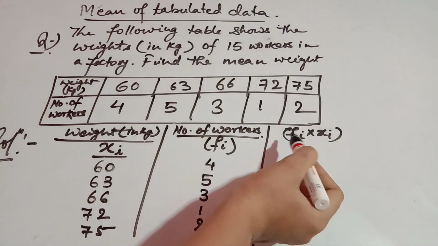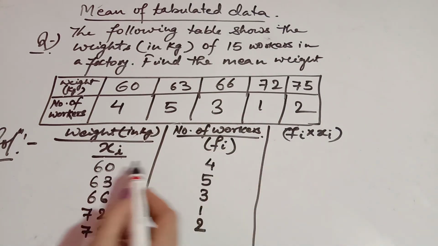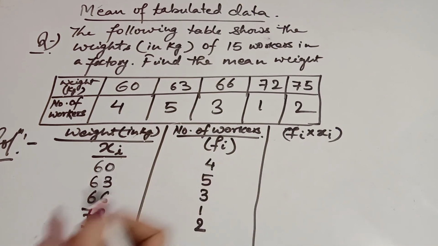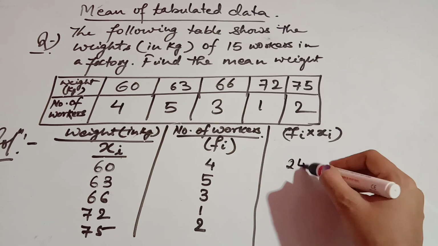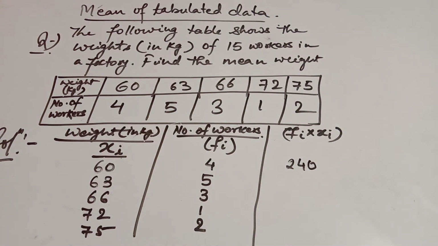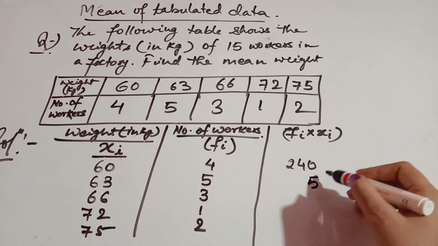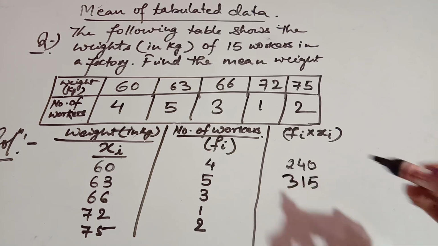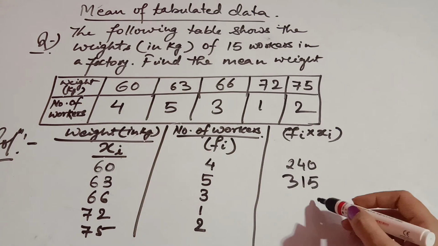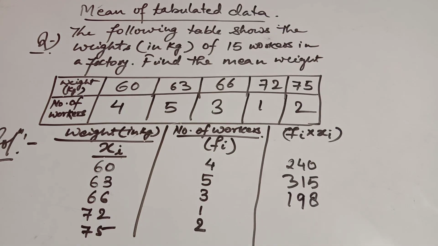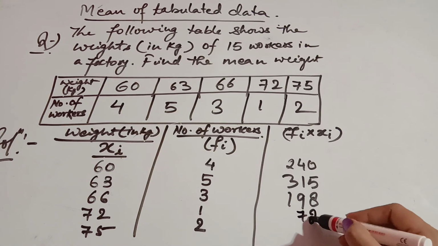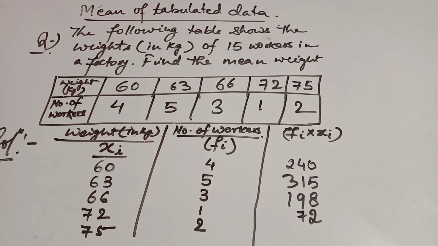Fi into xi means you multiply these two numbers and write it here. So 60 into 4 is 240, 63 into 5 is 315, 66 into 3 is 198, 72 into 1 is 72, and 75 into 2 is 150.